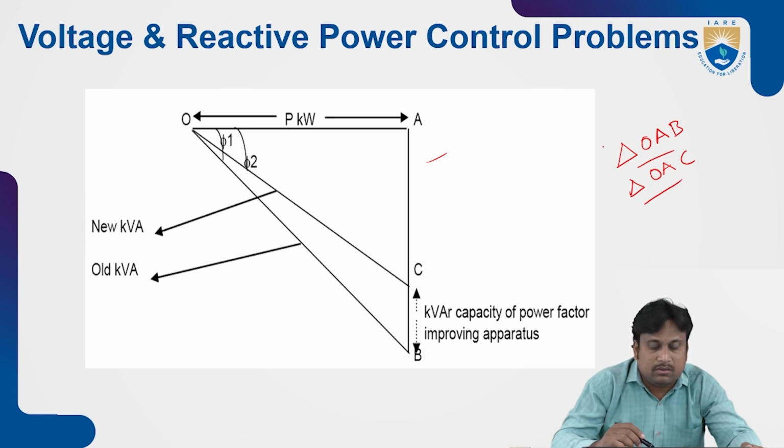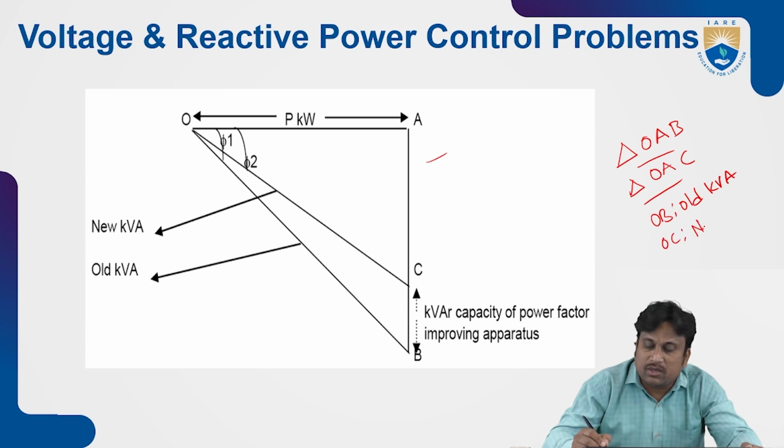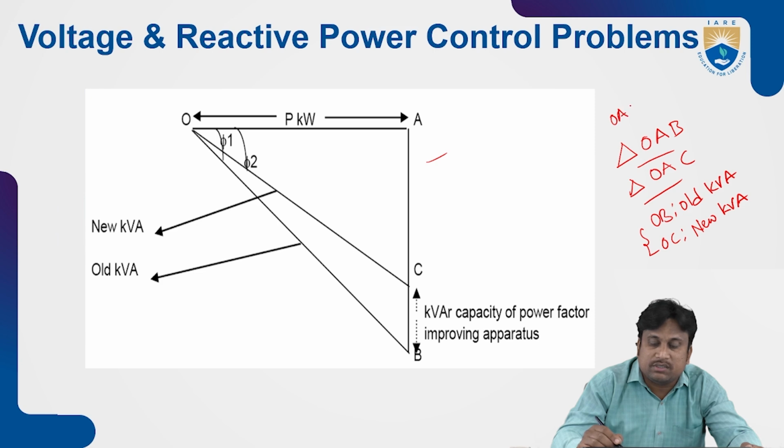OB will represent the old kVA, and OC will represent the new kVA of the line. Old kVA and new kVA are drawn from the system, and only OA represents the real power in kilowatts.